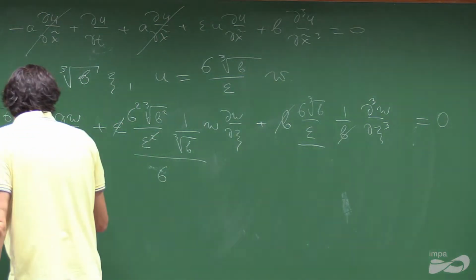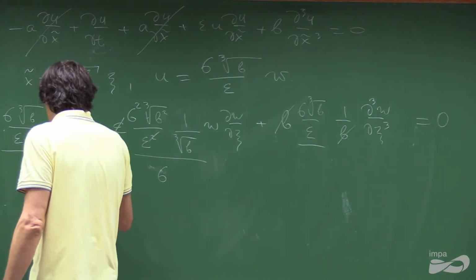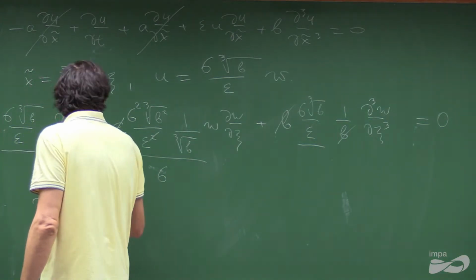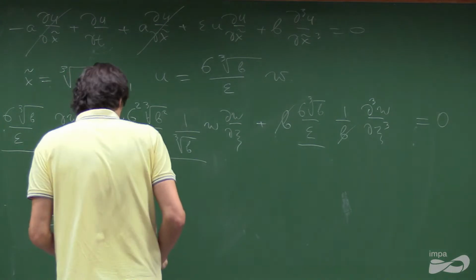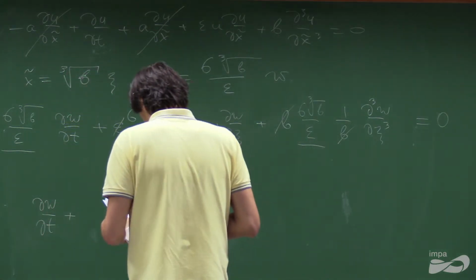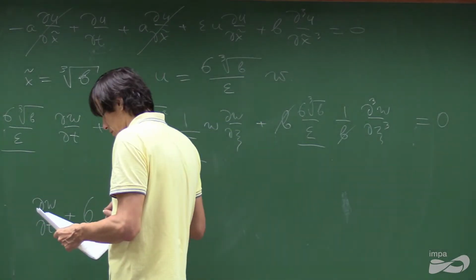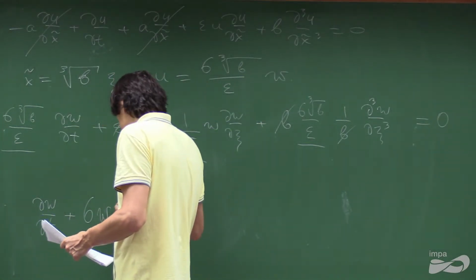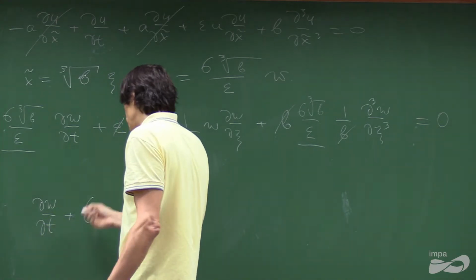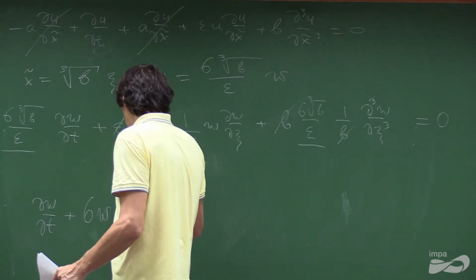So you end up with the equation which is dw/dt plus 6 times 6. We keep 6 because it's convenient. You can make an equation with 1 as well.